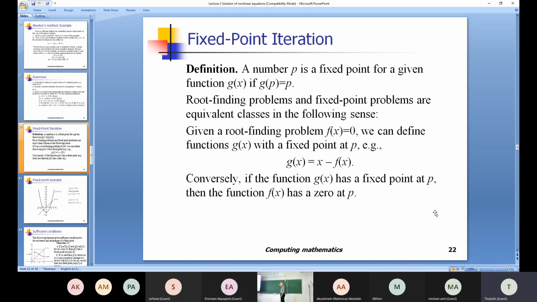In this example, the function is x squared. What is the fixed point for this function? What is the fixed point for which x this is true? Do you understand my question or not?